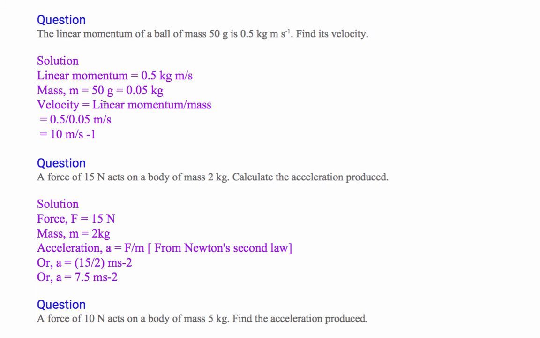So velocity formula is linear momentum upon mass. Mass is given in grams, 50 gram. So we'll convert it into kg. For that, divide by 1000. We get 0.05 kg as the mass. Now putting the values, we get the velocity of the body as 10 meter per second.